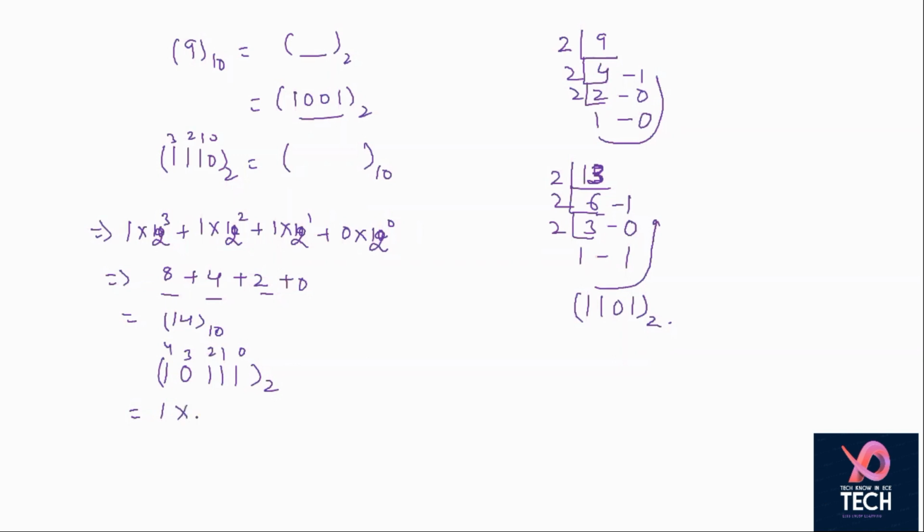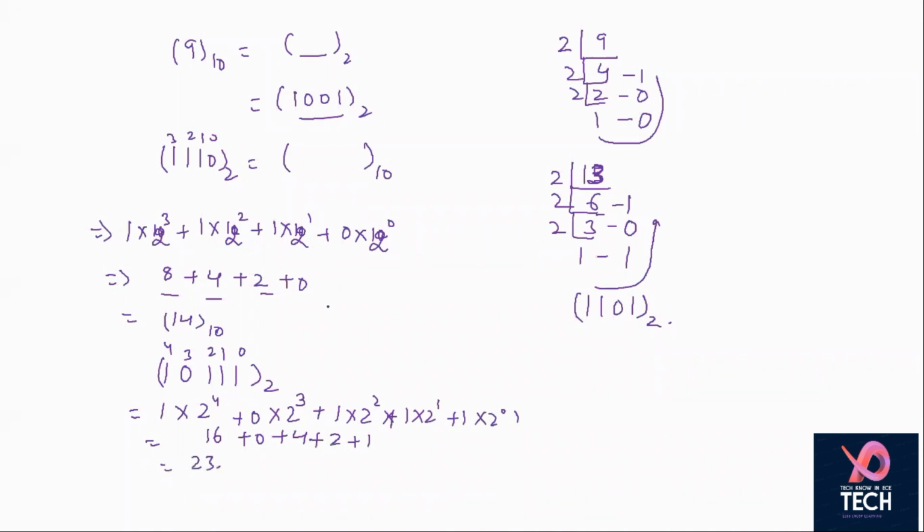So this is equal to 1 into 2 raised to power 4, plus 0 into 2 raised to power 3, plus 1 into 2 raised to power 2, plus 1 into 2 raised to power 1, plus 1 into 2 raised to power 0. This can be written as 16 plus 0 plus 4 plus 2 plus 1, which is equal to 23.